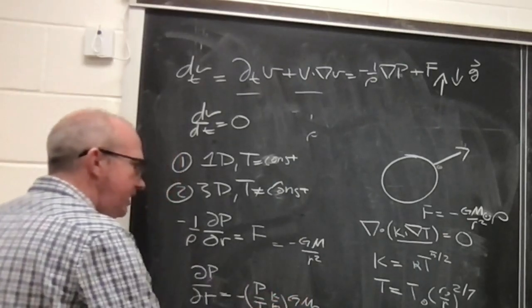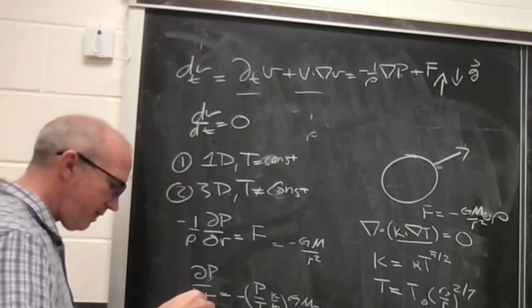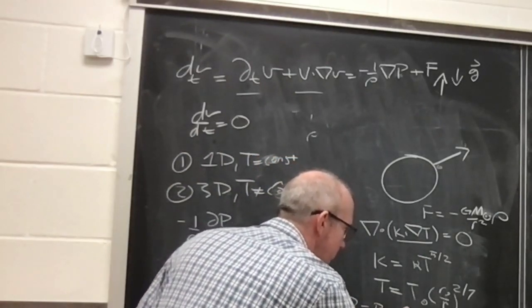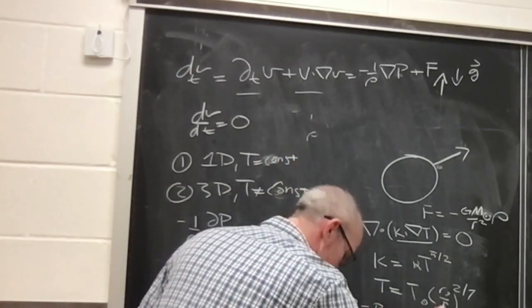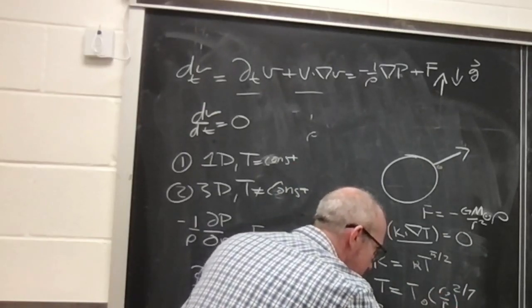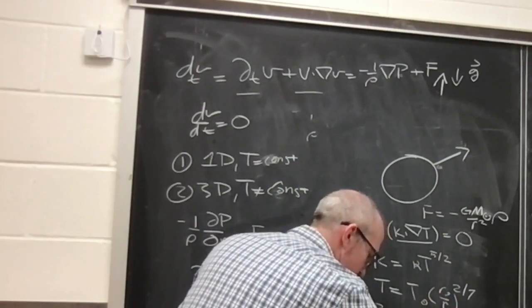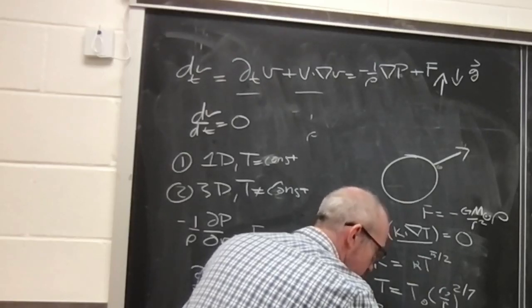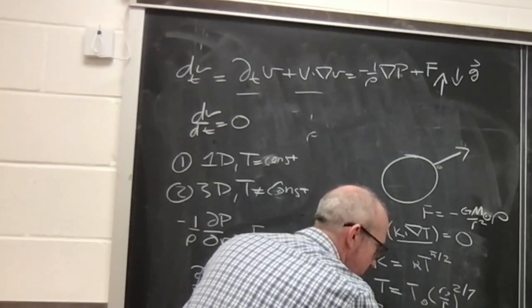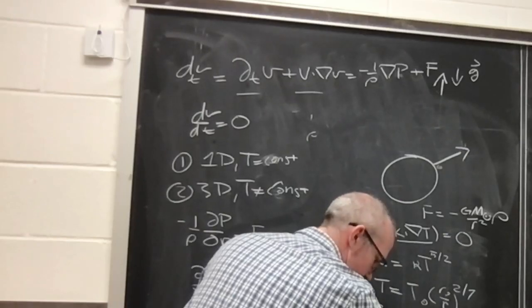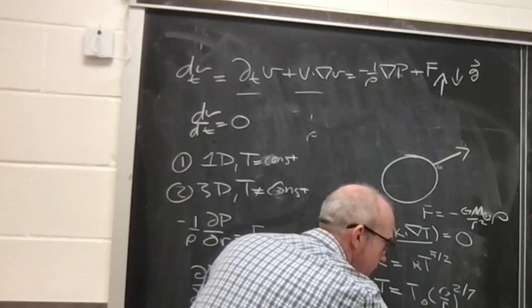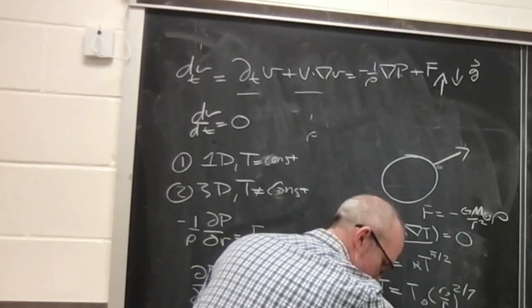And I plug this into here, and I do some ick math, and you're left with the solution that P equals P naught times the exponential of, let's see if I can get this all right, 7GM of the sun, m the mass of the proton, over kT naught r naught times r naught over r to the 5/7 minus 1.